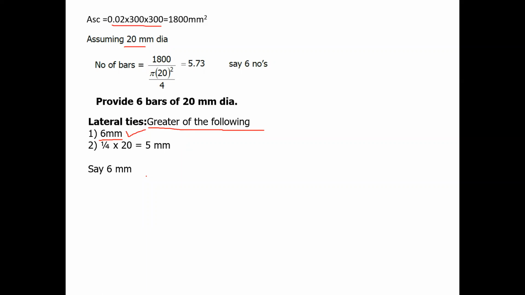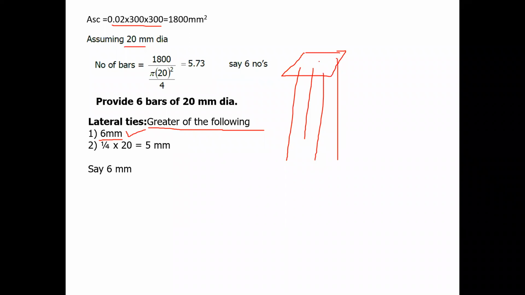After taking the reinforcement, that is the tie or stirrup, you have not calculated the spacing, right? In the column, 6 bars on either side are provided, and you use stirrups or ties to tie the reinforcement.